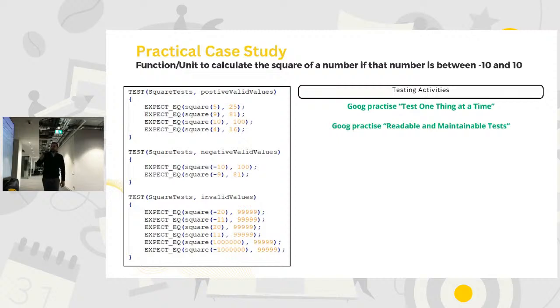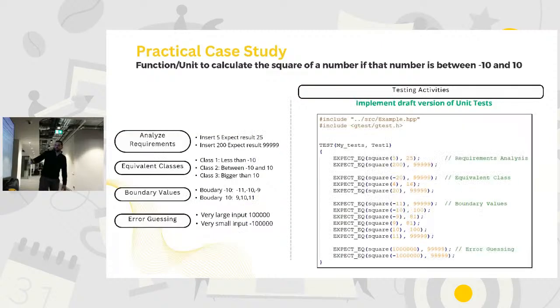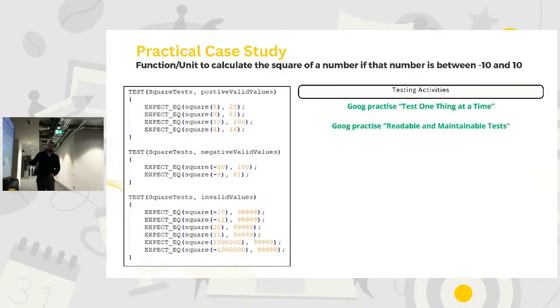So now it's time to apply some good practices. Instead of having all of those tests together in the same package, test 1 and things like that, we divided it in parts, with a test suite called SquareTests, and we have positive valid values, negative valid values, and invalid values.